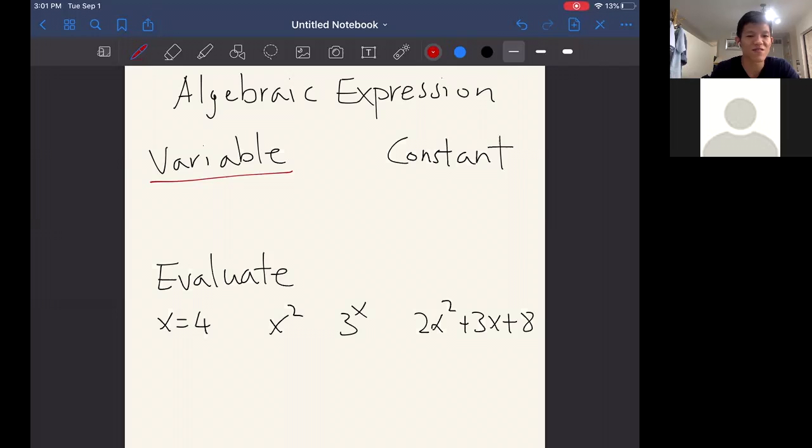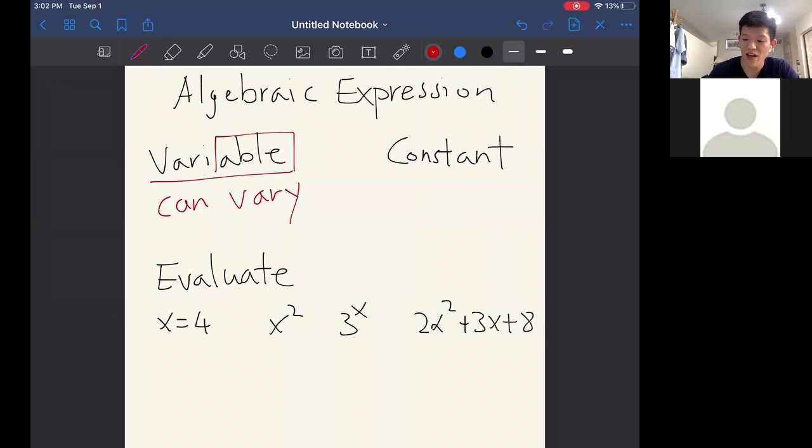So vary means different. Now variable then, it means able here means can be, or can do. So can vary is the definition of variable.